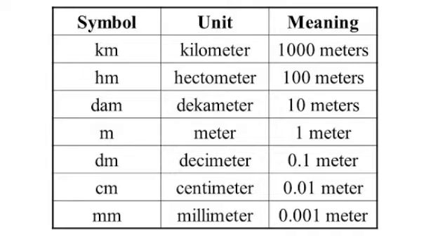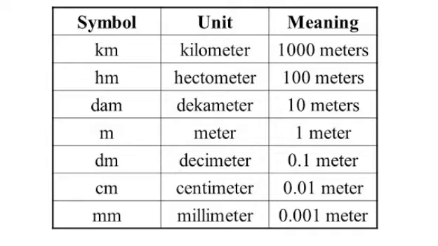Millimeter is 1 over 1,000 or 0.001 of a meter. 1 over 100 is for centimeter, which means 0.01 of a meter. Next is 1 over 10 for decimeter or 0.1 of a meter.